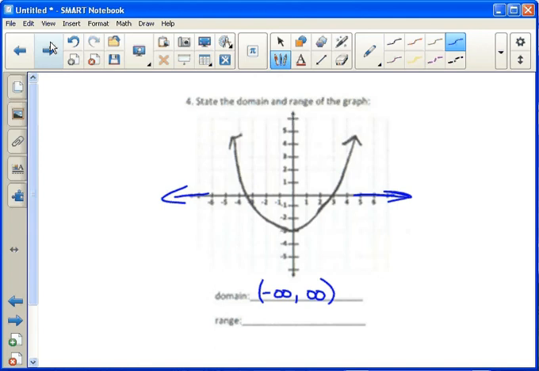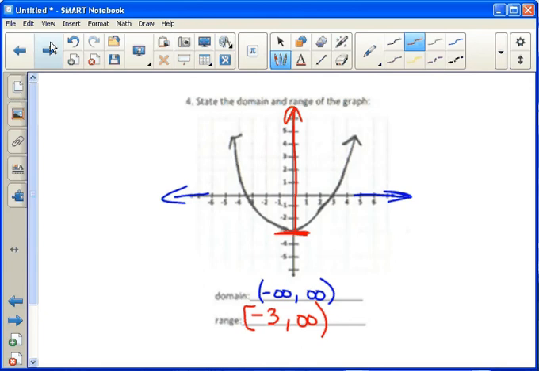Well, the lowest we ever appear to go is -3. And it keeps on going up forever. Those arrows tell us we just go up forever. So we start at -3, and that'll have a bracket, and we go all the way up to infinity. So domain is left and right. It's the x values. Range is up and down. It's the y values. Always put the smaller number first. So always think left, right, down, up.